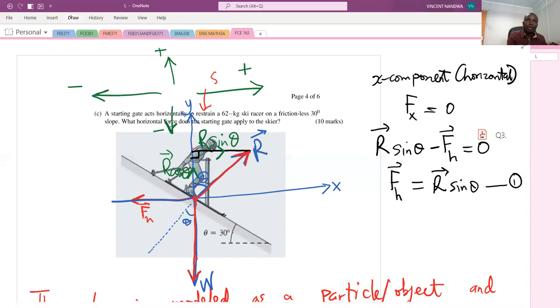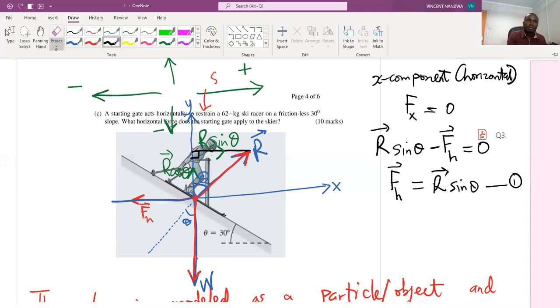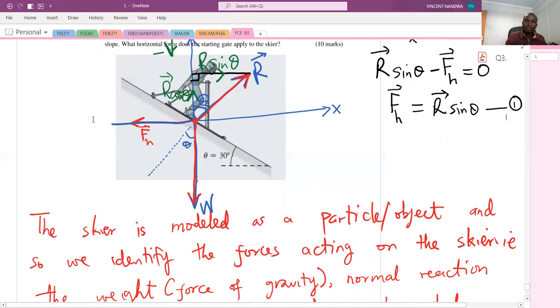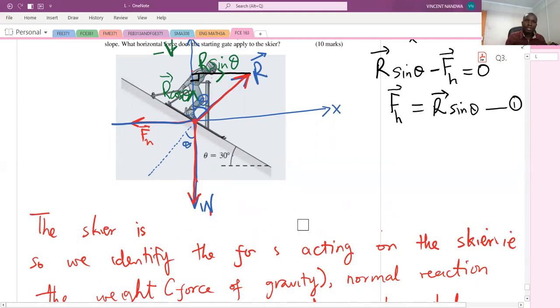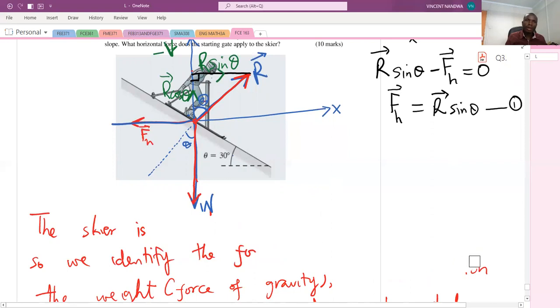And then y components. So y component, there are only 2 forces. We have R cos theta, and we have the W, the weight. Weight will be taken to be negative because it's acting downwards, while R cos theta will be taken to be positive because it is acting upwards.